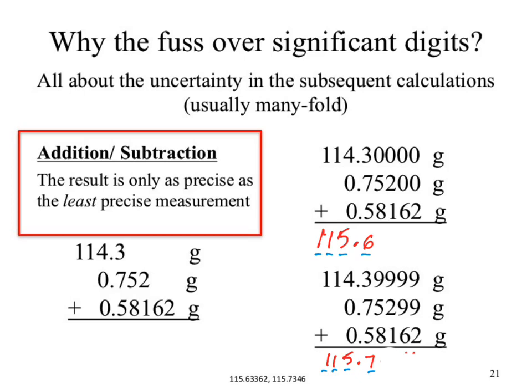Because they made that observation, what do they then do? Instead of making you go through and test all of those calculations, they instead say, big red box: when you add and subtract values, your answer is only as precise as the least precise measurement. You don't have to do all these extra calculations.